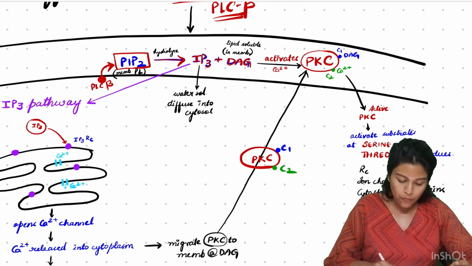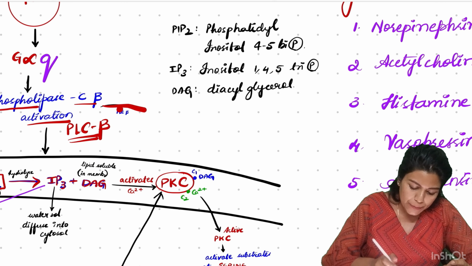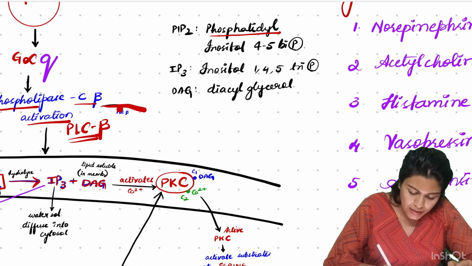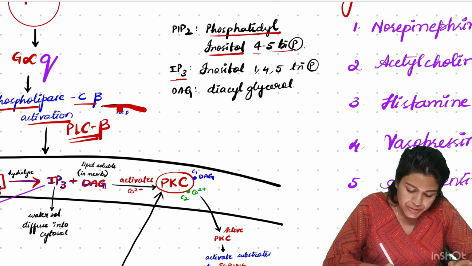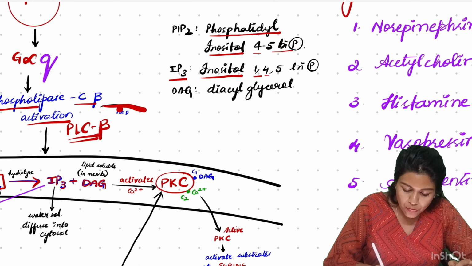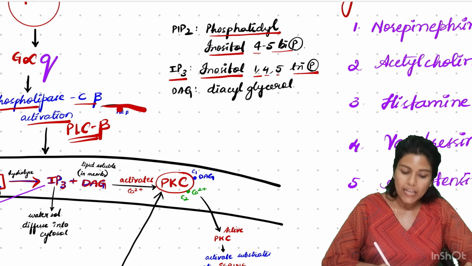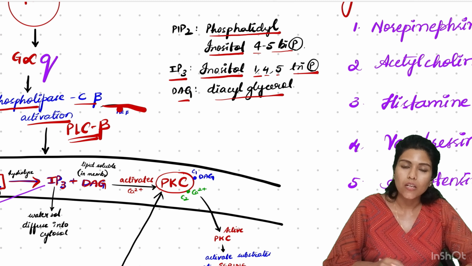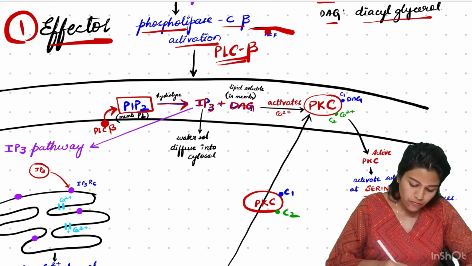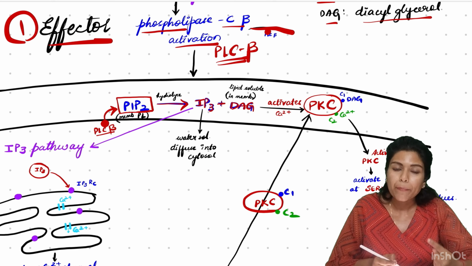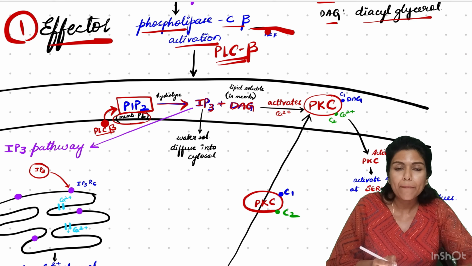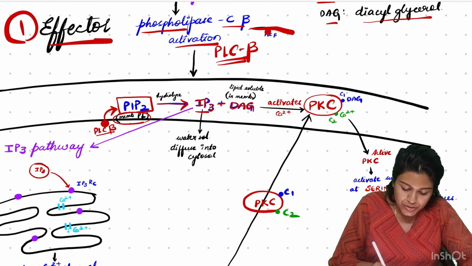Let's see the full forms. PIP₂ means phosphatidyl inositol 4,5-bisphosphate. IP₃ means inositol 1,4,5-trisphosphate. DAG means diacylglycerol.